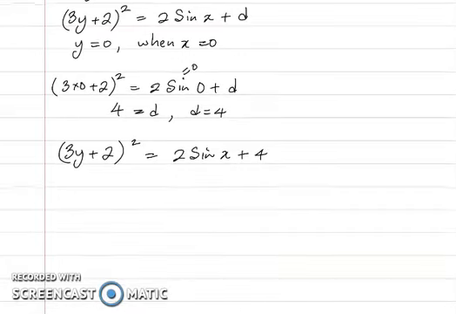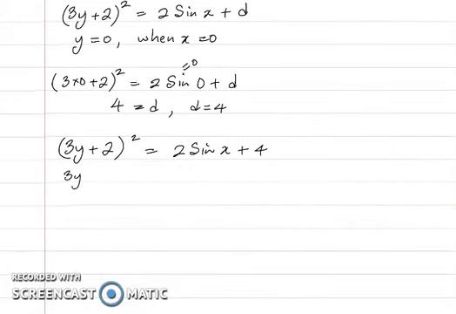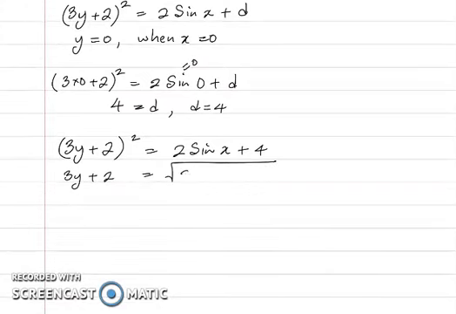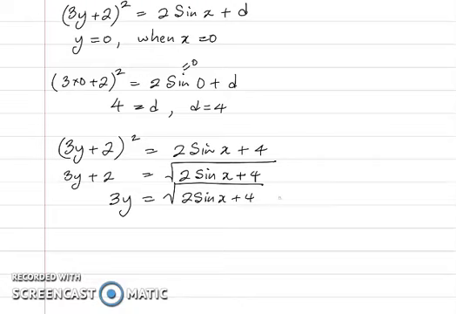The opposite of square is square root. We have 3y plus 2 is equal to the square root of 2 sine x plus 4, so let us carry over positive 2. So now I have 3y is equal to the square root of 2 sine x plus 4 minus 2, and then divide the entire equation by 3.